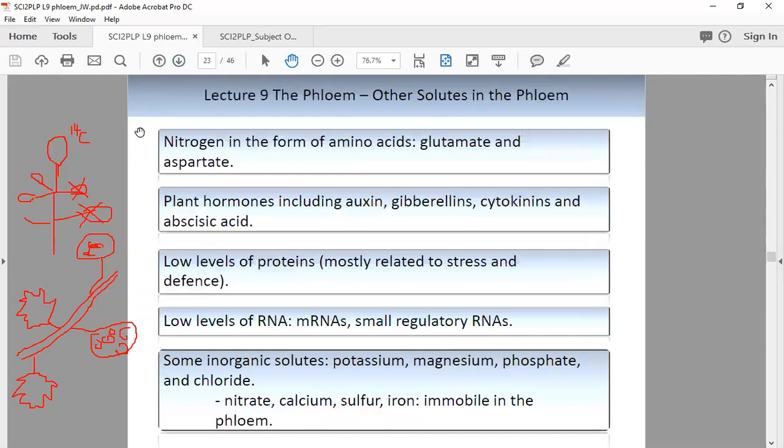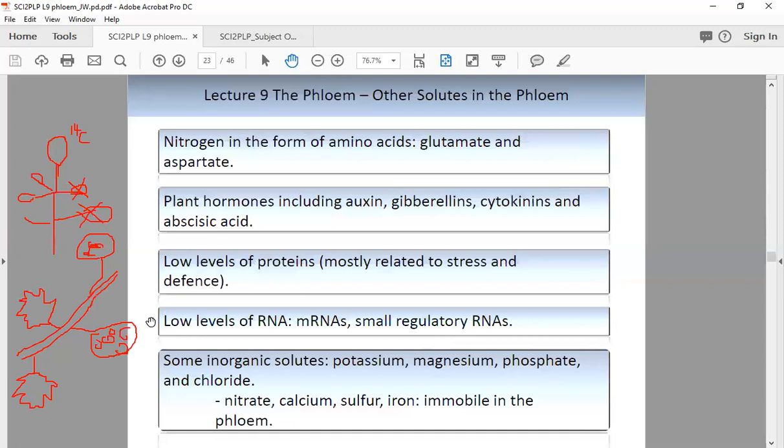All right, let's look at other solutes in the phloem. Nitrogen is translocated in the phloem, and it's found in the form of the amino acids glutamate and aspartate. The plant hormones translocated include auxin, gibberellin, cytokinins, and ABA, abscisic acid, and we'll come back to the important plant hormones in a later lecture. There are low levels of proteins found in phloem sap, low levels of RNA molecules.